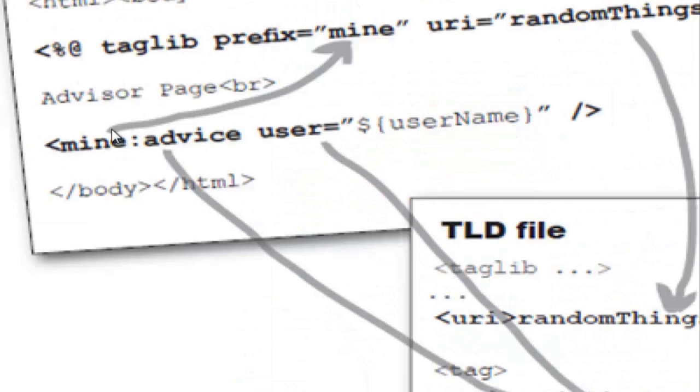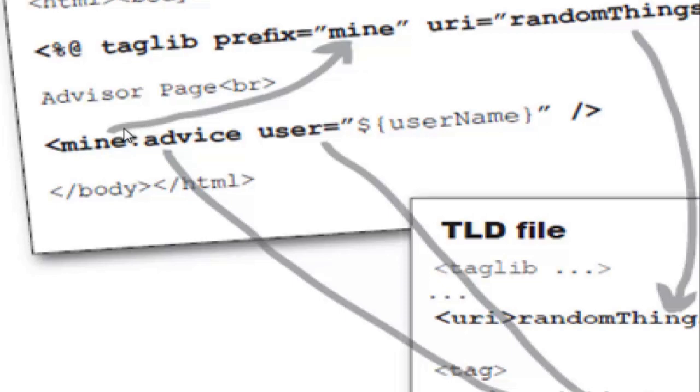So for example, I am telling the compiler or the container that I'm going to use a word advice, and you know very well that in HTML there is no tag called advice. So when, during parsing, it gets the word advice, what is the meaning of that advice? I have not heard anything called advice in the entire HTML world.